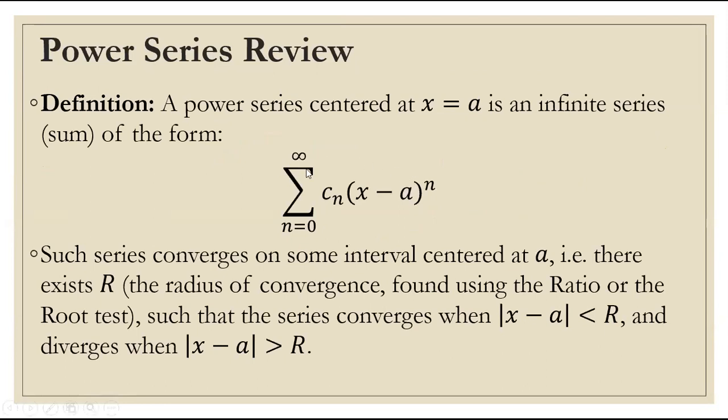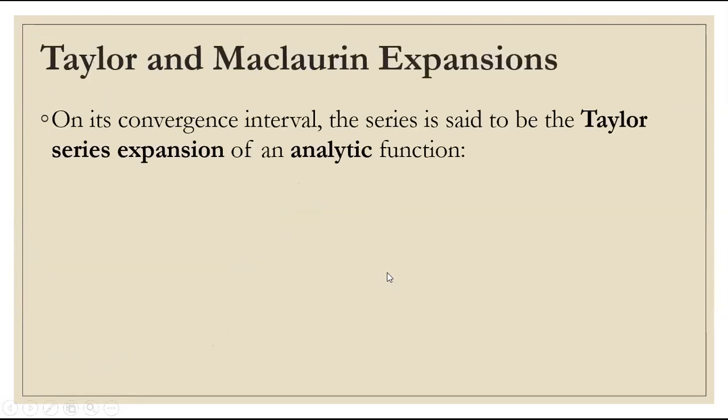If I have a power series like this, centered at a, I can say that this series converges in this interval if there exists R, the radius of convergence, which can be found using the ratio and root tests, such that the sum of my series is equal to a finite number. So it converges when the absolute value of x minus a is less than R, and if the absolute value of x minus a is greater than R, I can say my series diverges. Don't worry about those because I don't need them.